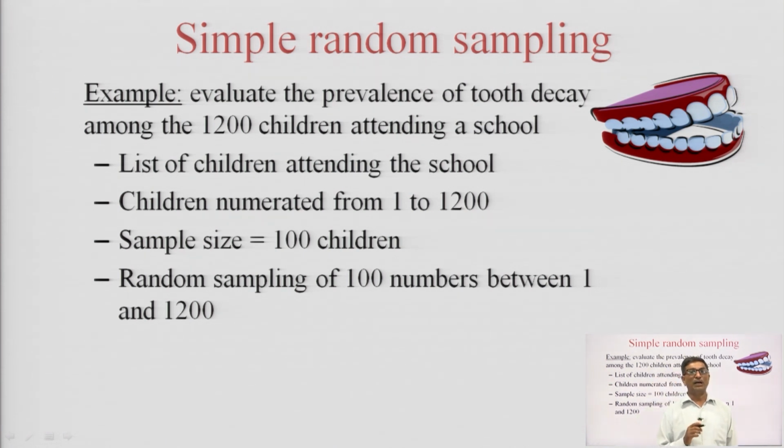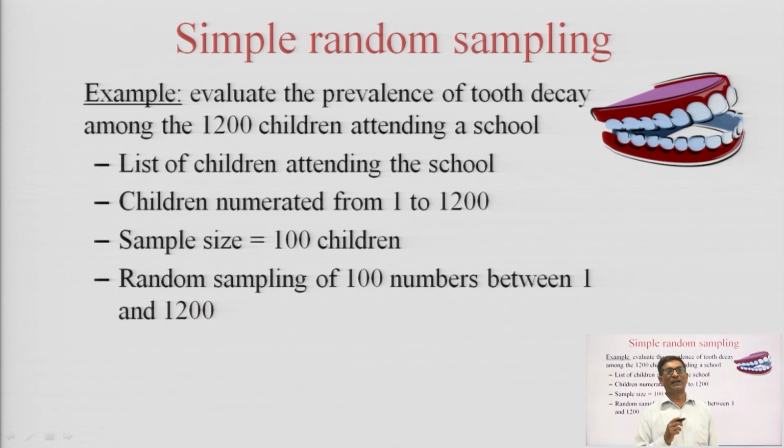I explain simple random sampling with this example. We want to evaluate the prevalence of tooth decay among 1200 children attending a school, and to do this we first prepare a list of school attending children, and we number them from number 1, number 2, number 3, number 4 up to 1200, and for this study the sample size is 100.